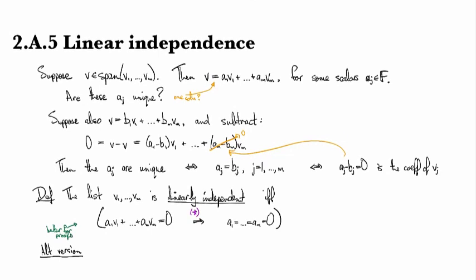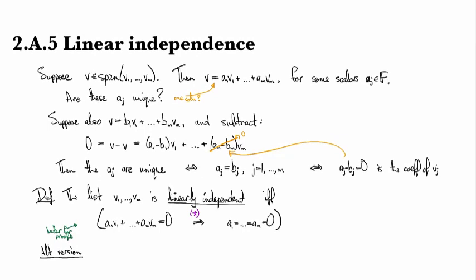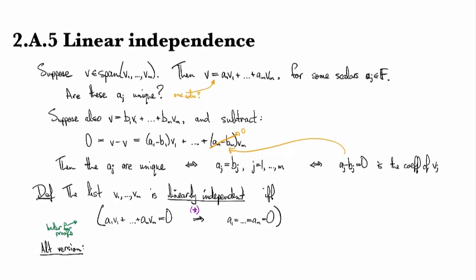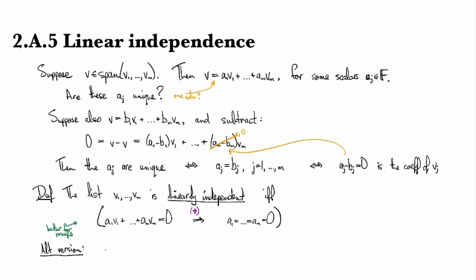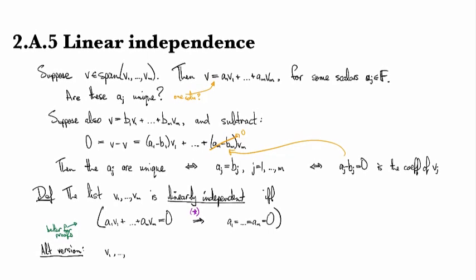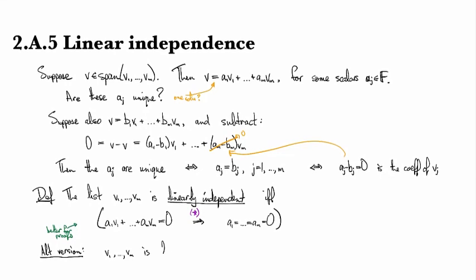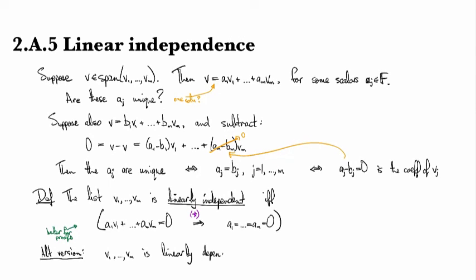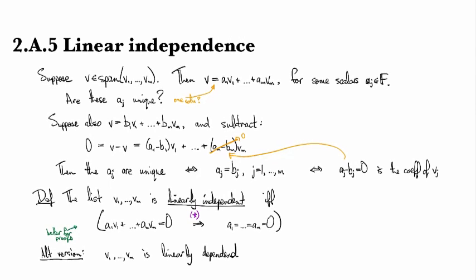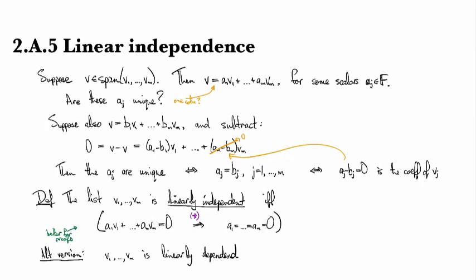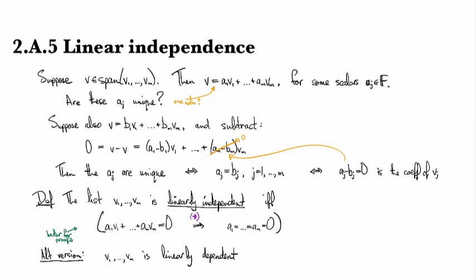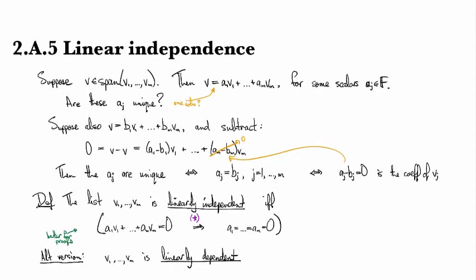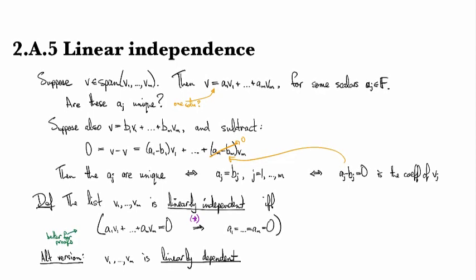It might be worse for understanding, but when it comes time to use it in a proof, it's actually the most convenient version. So as a negative definition, we'll define linearly dependent, and then we'll define linearly independent to be the opposite of that, or the negation of that, rather.